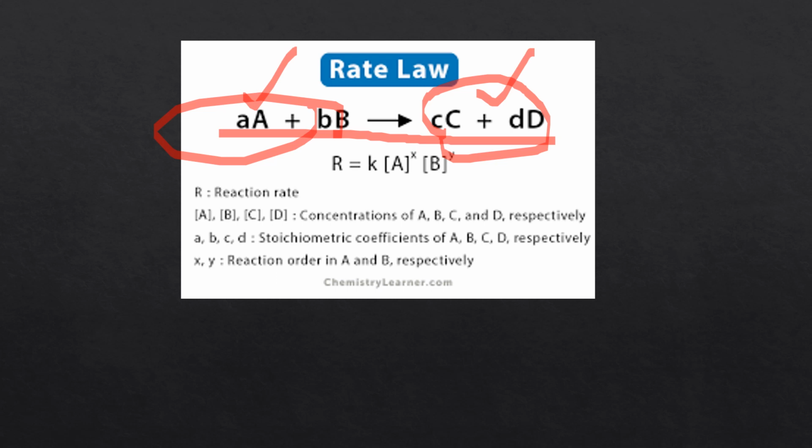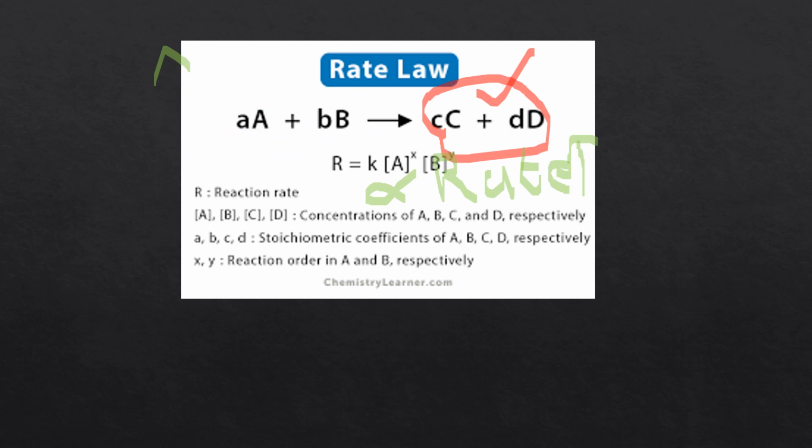I mean that the concentration of these products is directly proportional to the rate of reaction. As the rate of reaction increases, the concentration also increases, the number of molecules increases, and all the things that are used in the reaction increase.